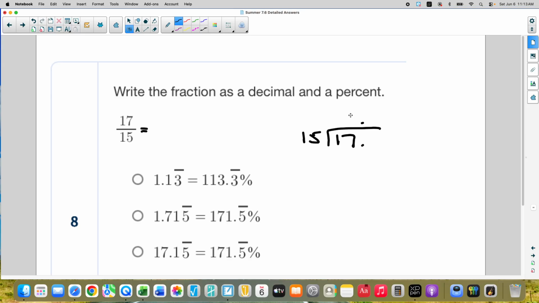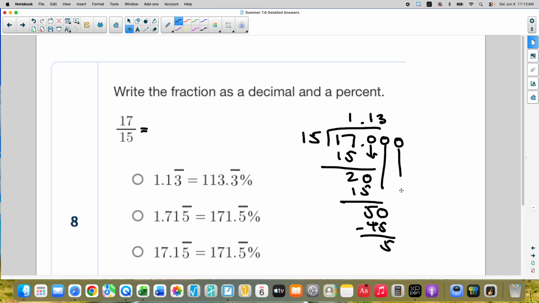Put the decimal, 15 goes into 17 once, 2, bring down the 0, 15 goes into 20 once, with a 5 left over, bring down the 0, 15 goes into 50, 3 times? 3 times 45. And we keep getting 50, so it's going to be 3 repeating. So this is equal to 1.13 repeating as a decimal.